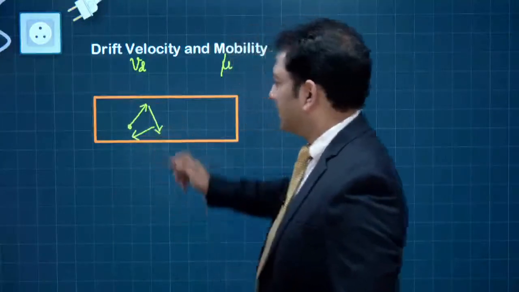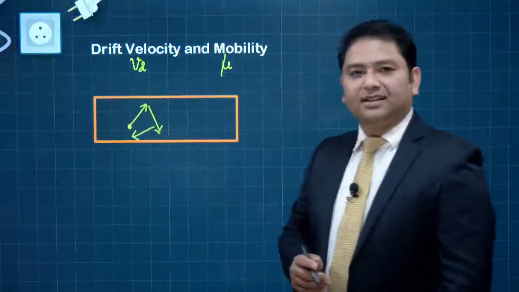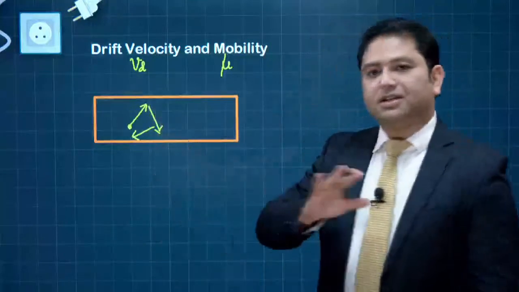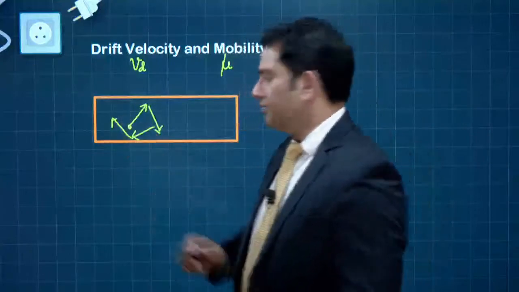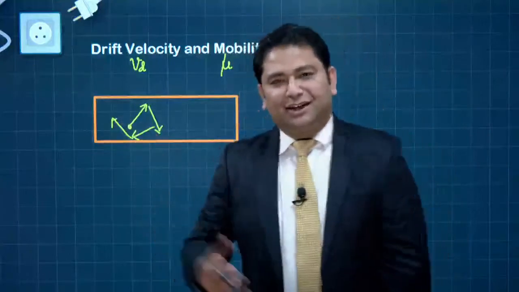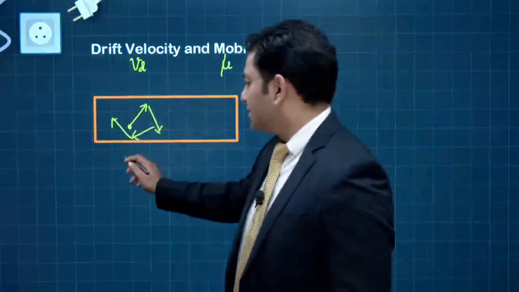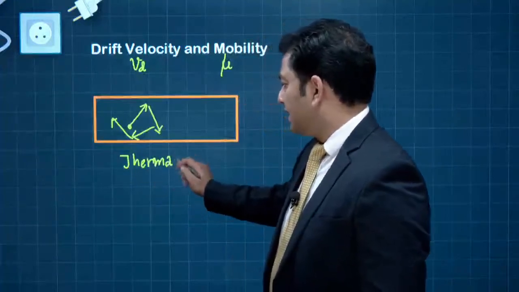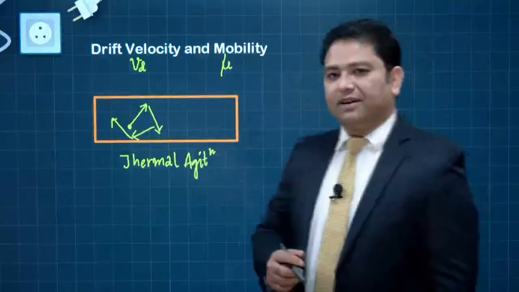So it comes something like this, here it will collide with a lattice, an electron will collide with some lattice, and then the direction will change randomly, and again after that it goes in this way. There's another interesting thing. There's no battery. This is all because of what we call the thermal agitation due to temperature, all right?